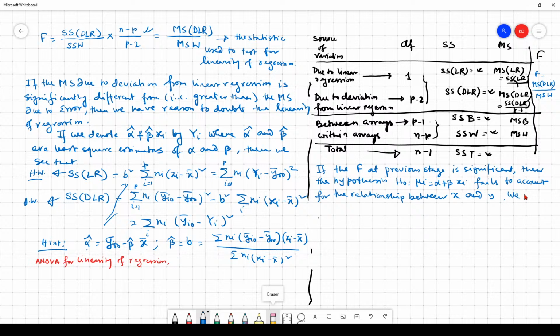So we may try various hypotheses regarding the form of the relationship between x and y.